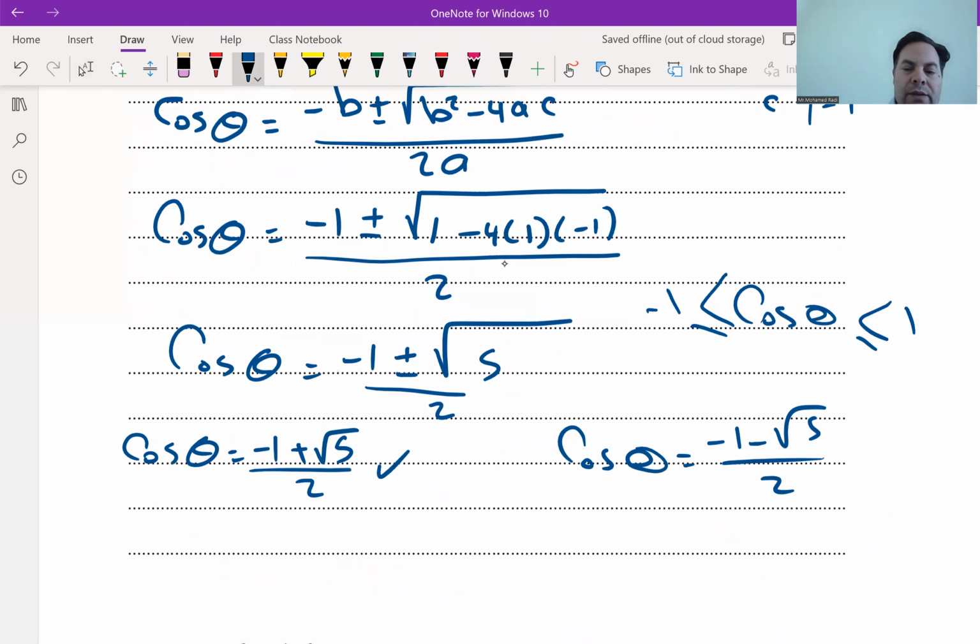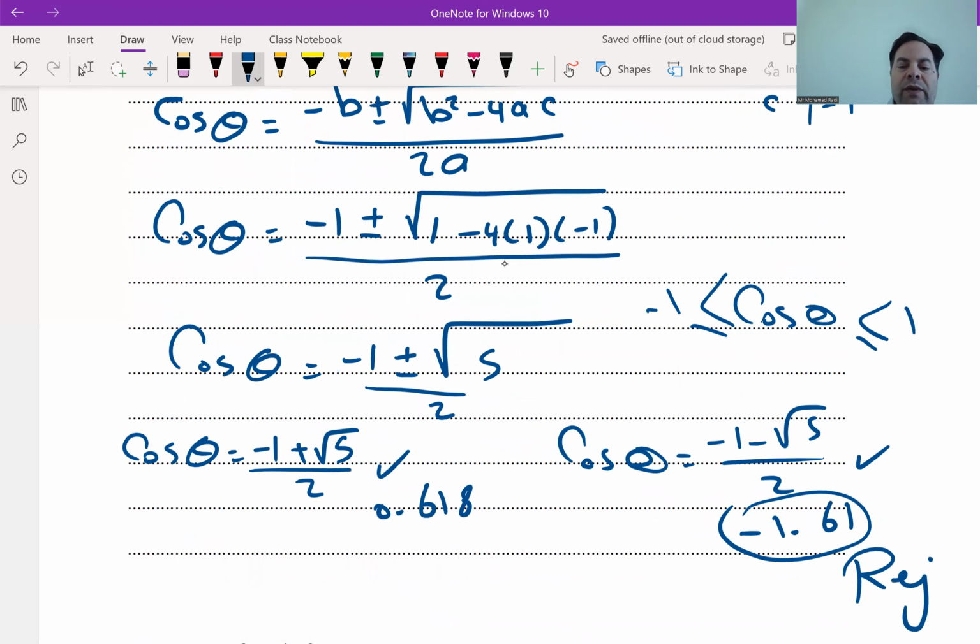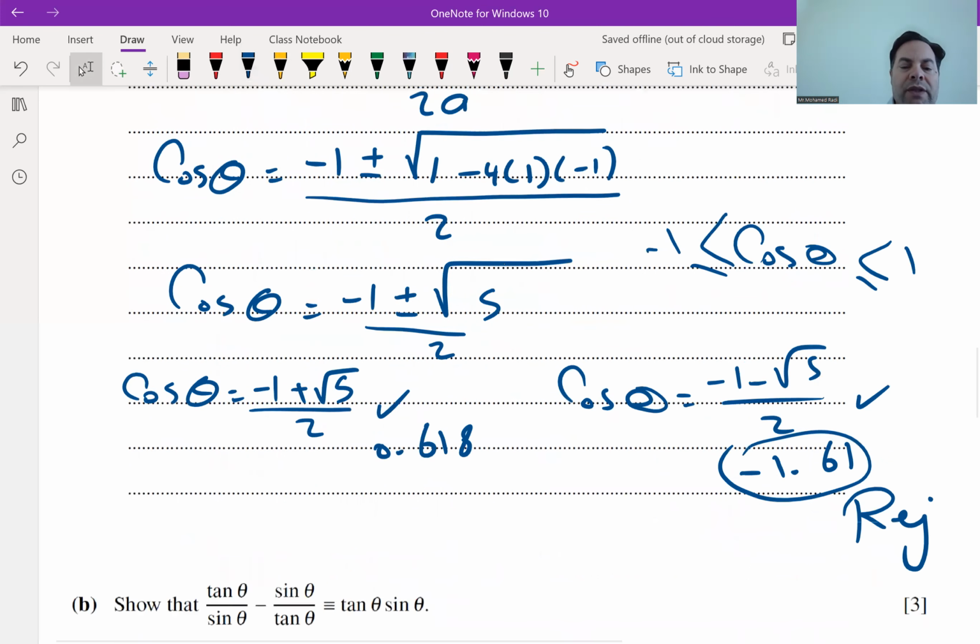The second one is correct. For the first one, the value as a decimal is 0.618. But the second one as a decimal is negative 1.61. This value is out of the range, so rejected. There is no solution for this equation.